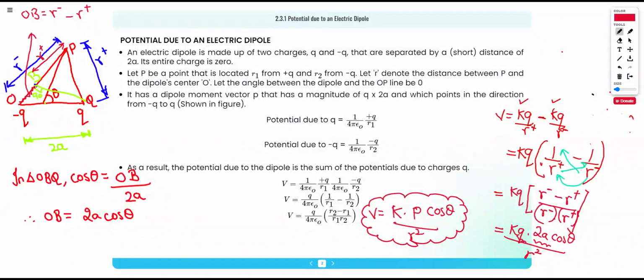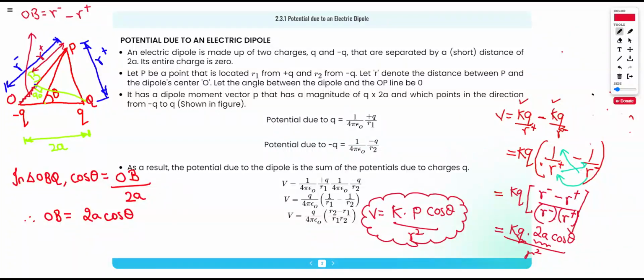So here BP is R plus and this is my R minus. If I want to find the value of OB, this OB will be equal to R minus R plus. I kept it as a secret to explain it to you later.